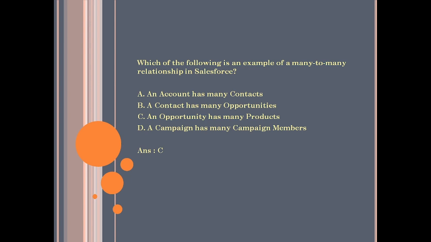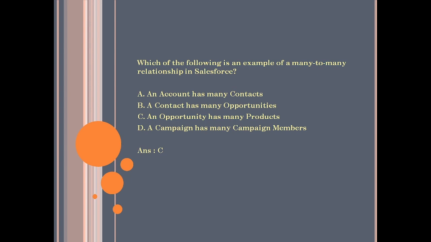We cannot define it as a complete master-detail relationship, but it maintains the equivalent of one. If you delete the account, the contact also gets deleted. Coming to B, a contact has many opportunities. That is also not correct. C, an opportunity has many products. We'll keep option C aside. Coming to option D, a campaign has many campaign members. Sometimes it may happen, sometimes it may not.